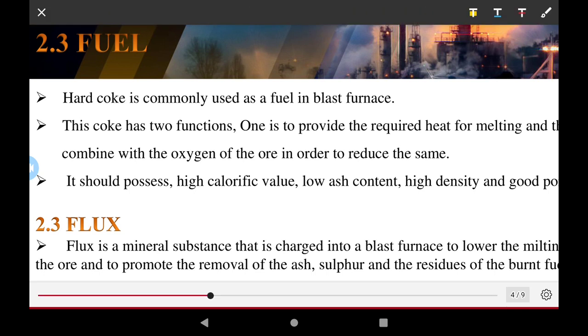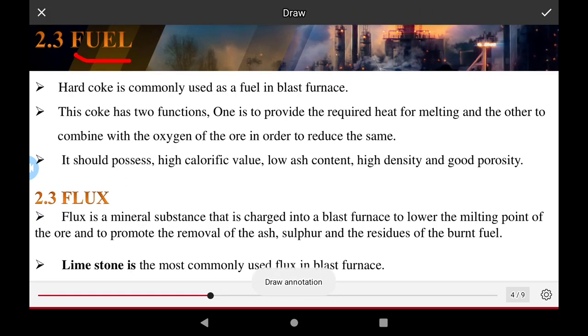Fuel. Hard coke is commonly used as a fuel in the blast furnace. This coke has two functions.